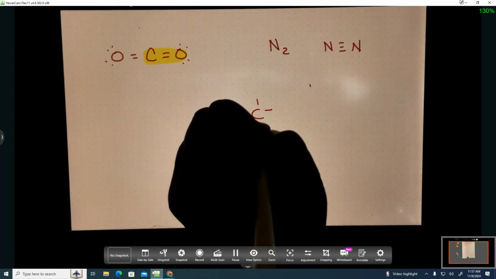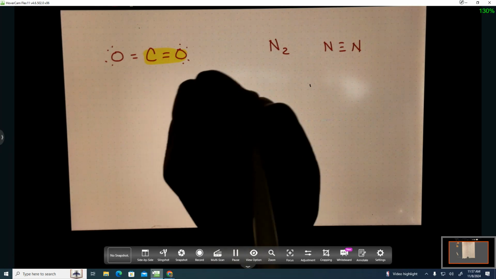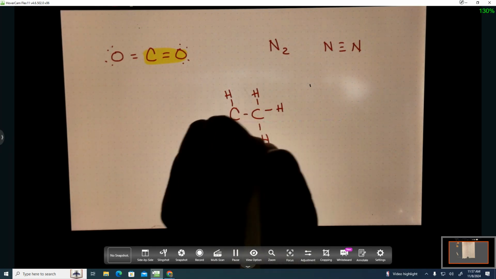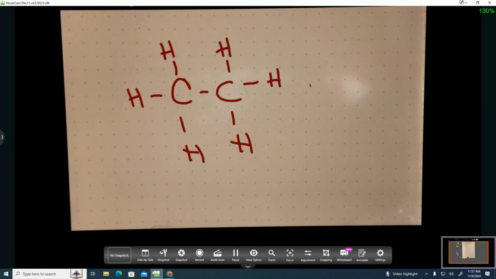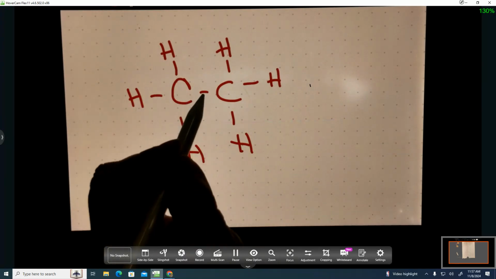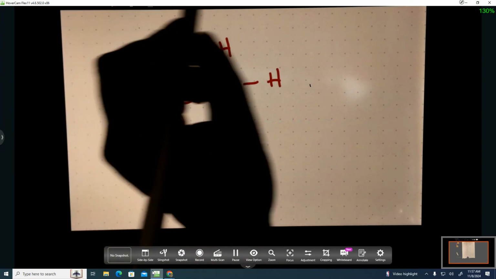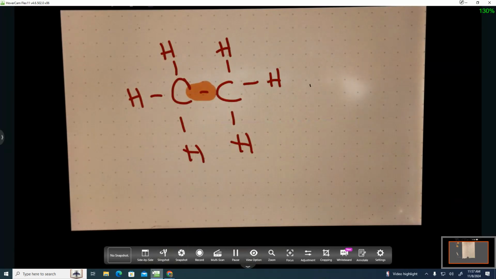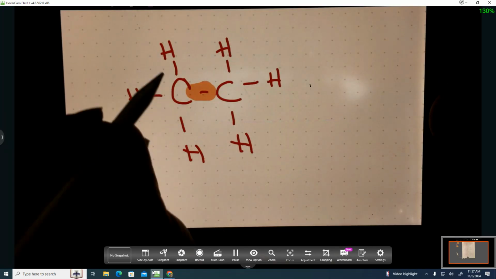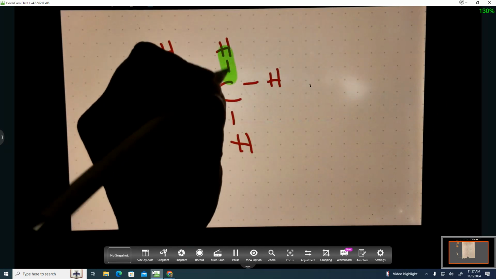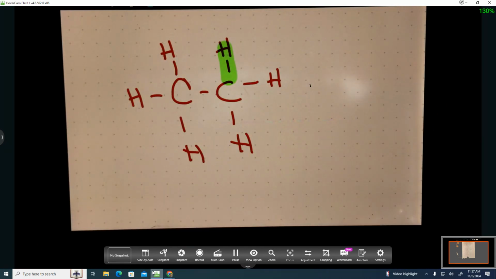All right, look at this molecule that I'm drawing here. If I look at that molecule, each one of these lines is a bond. Let's take this bond right here. Is that a symmetric distribution of charge? Yes, because it's between C and C. If I highlight this bond right here, is that a symmetric distribution of charge?